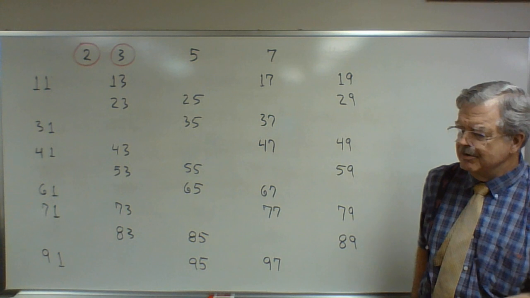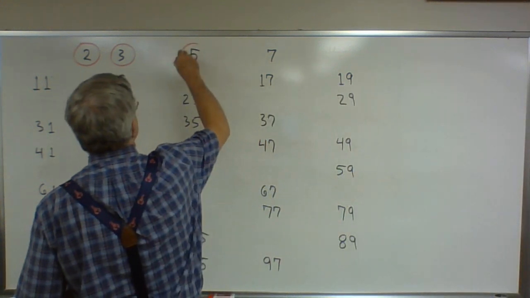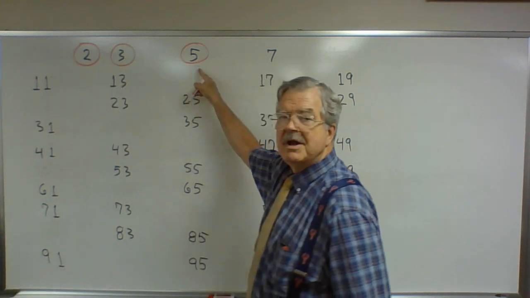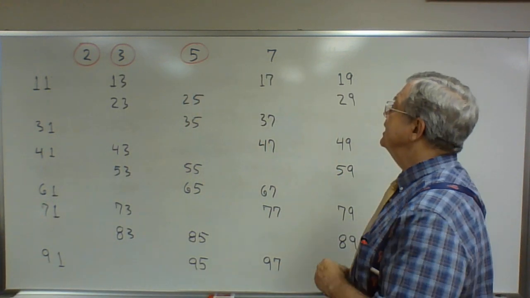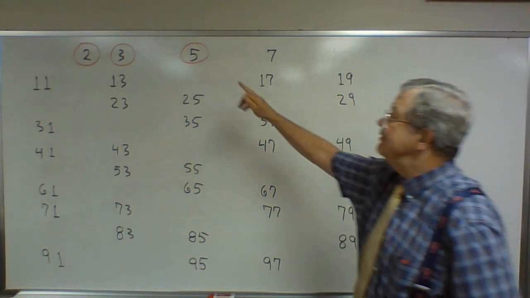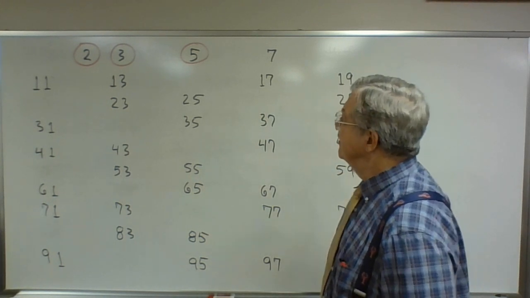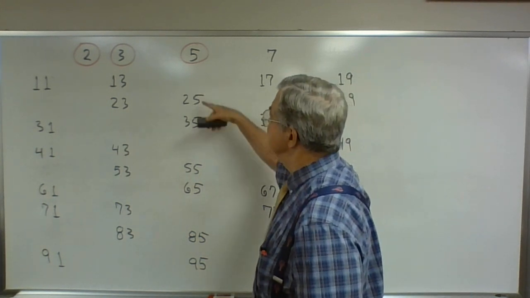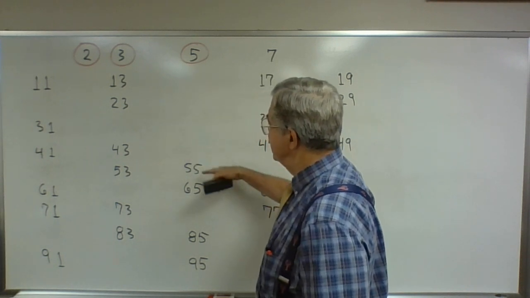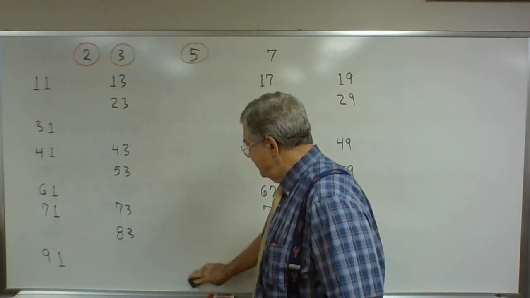The next number on the list, 5, is prime. It's a fundamental prime, 1 times 5. We're going to get rid of all the multiples of 5 except the fundamental multiple. For example, 15, 25, 35, 45, 55, 65, 85, 95.